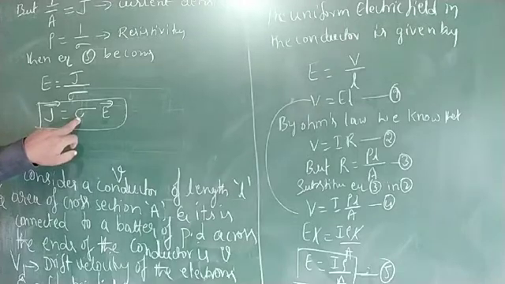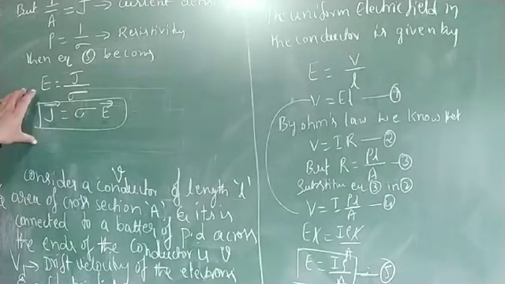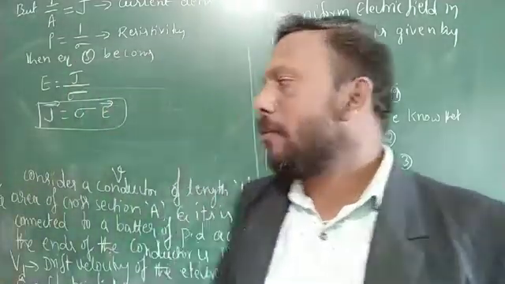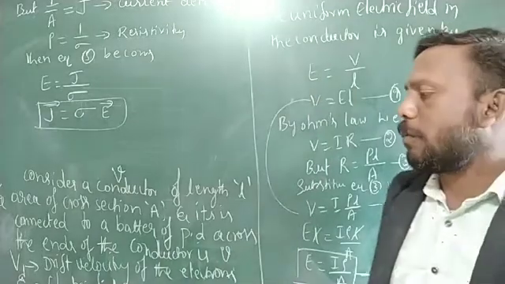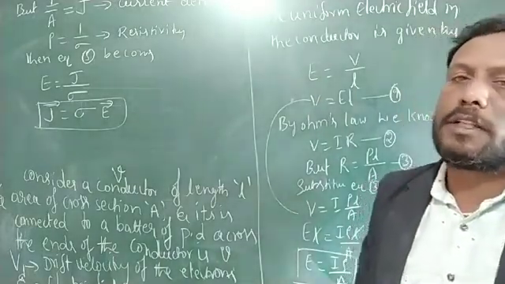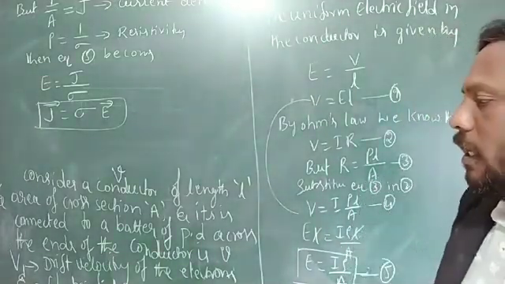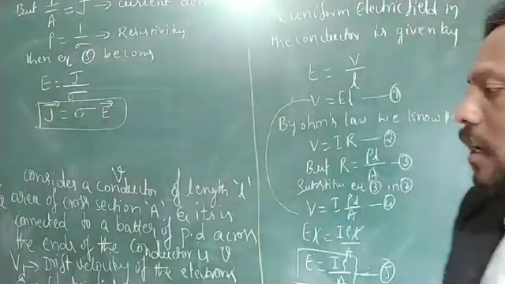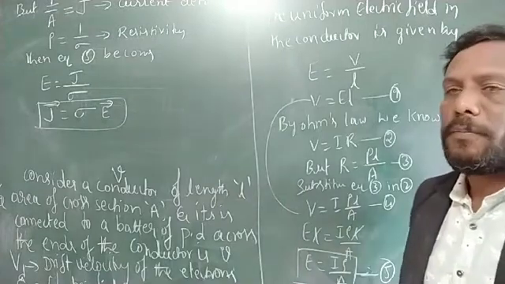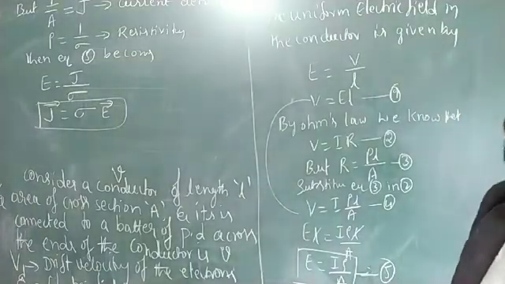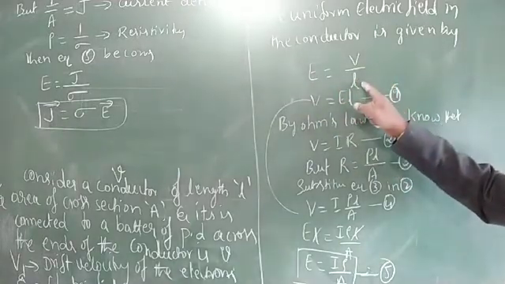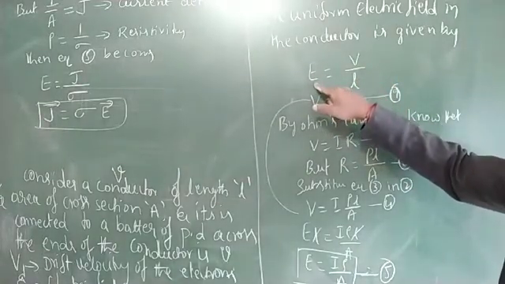Okay. Consider a conductor of length L and area of cross section A, and that conductor is connected to a battery of potential difference V across the ends of the conductor, and Vd is the drift velocity of the free electrons, and E is the electric field. Therefore, for the uniform electric field in the conductor, we know that E is equal to V divided by L. This is the magnitude of the electric field.